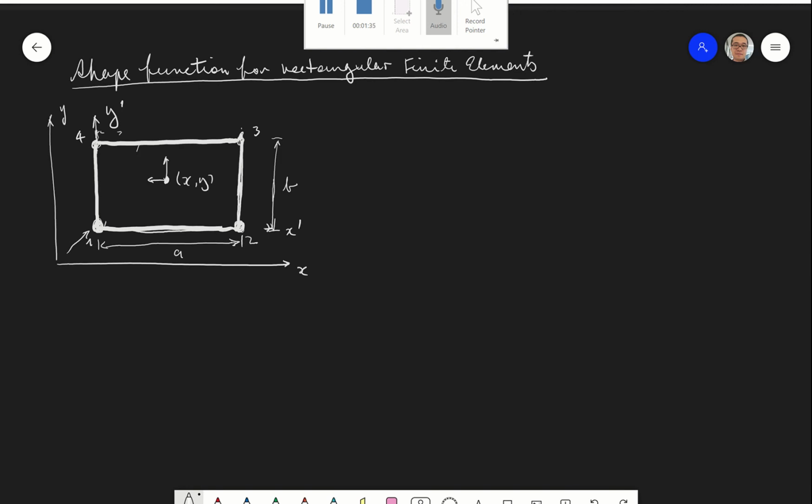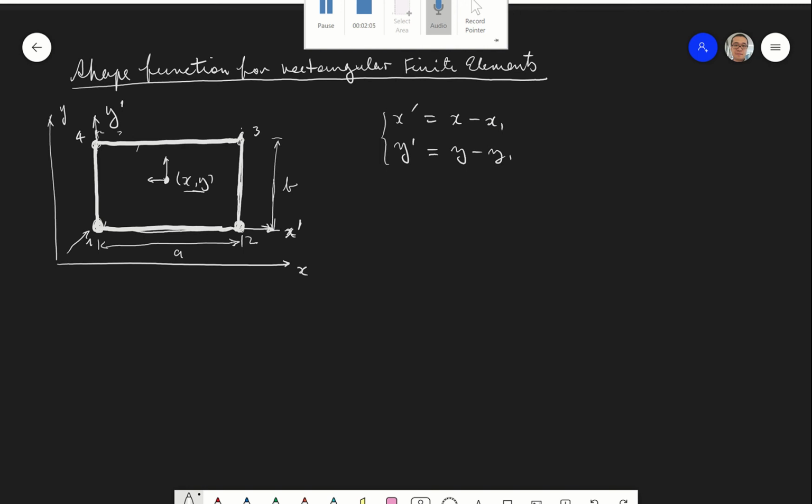So this point in the middle, x and y, can be given in the coordinates of this x prime and y prime frame as x prime equal to x minus x1 and y prime equal to y minus y1. Okay, that simplified the math a little bit.